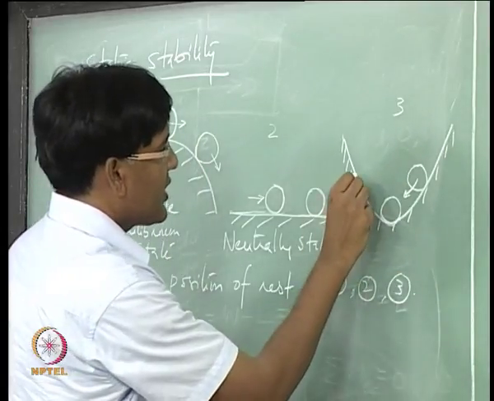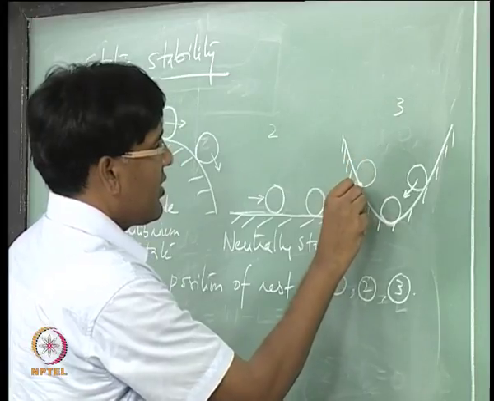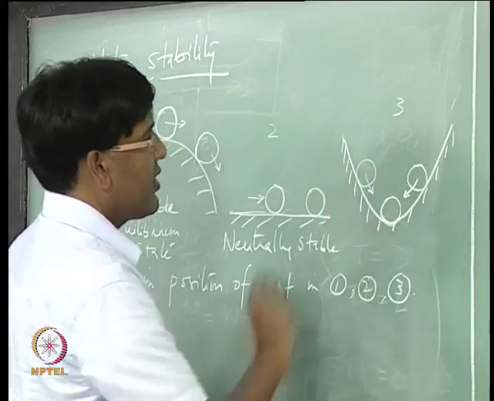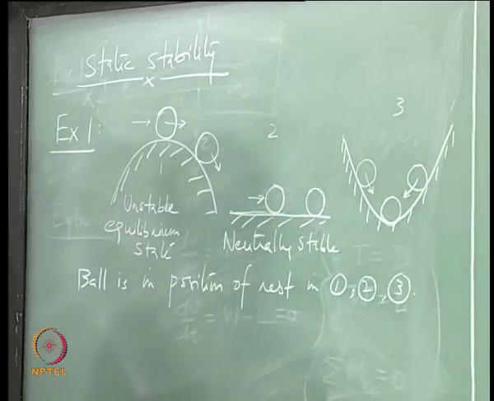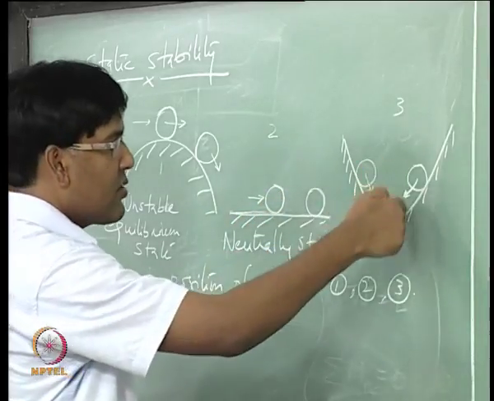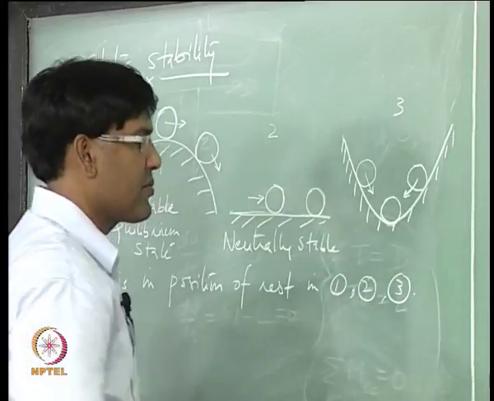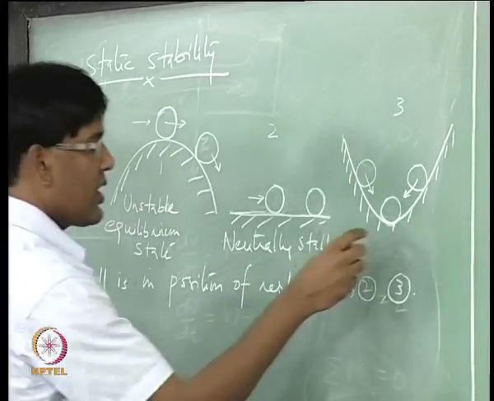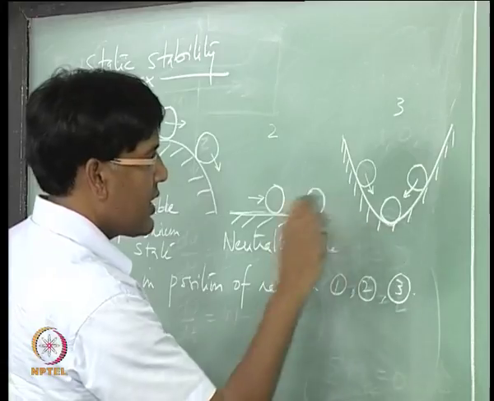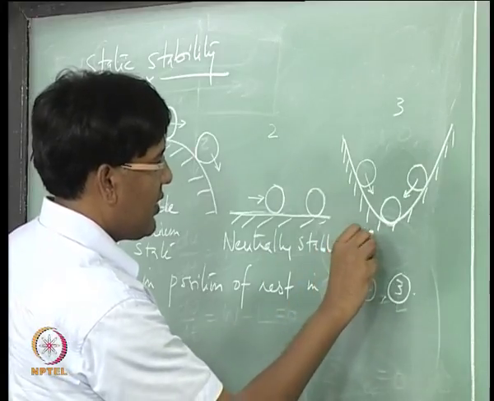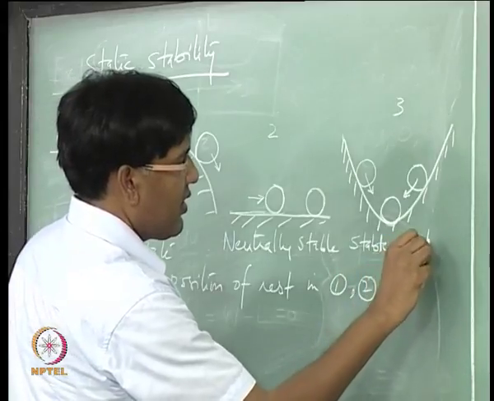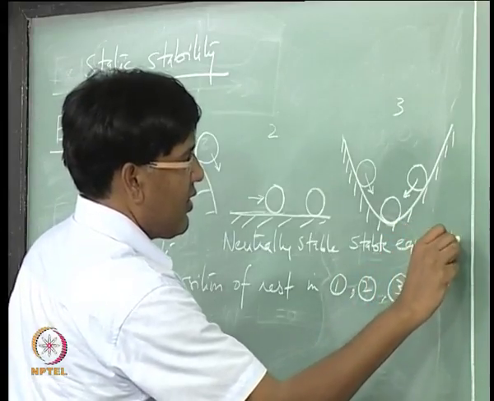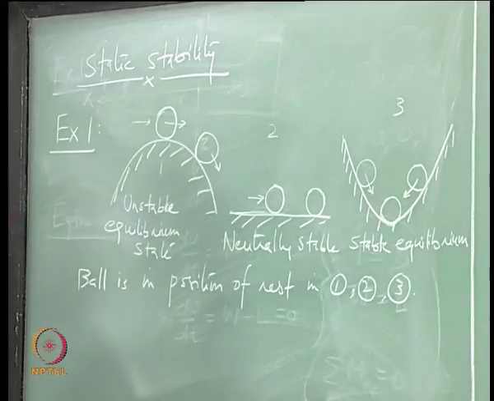Similar thing will happen on the other side. So, what is happening in this case is the ball is trying to come back to this equilibrium position. So, this equilibrium position is a stable equilibrium.